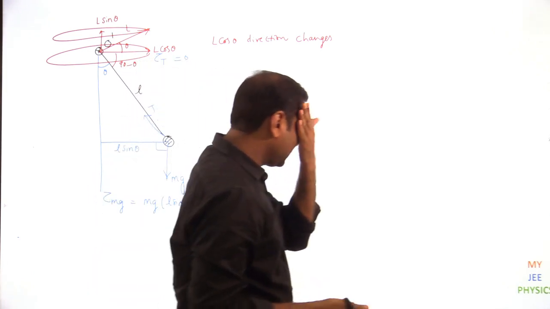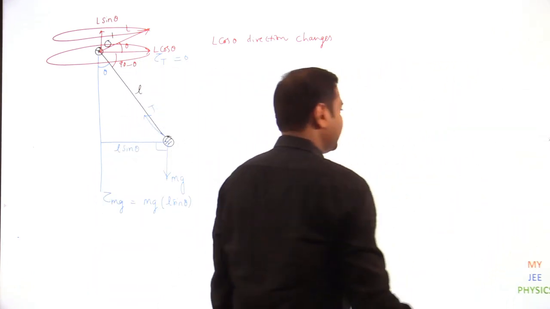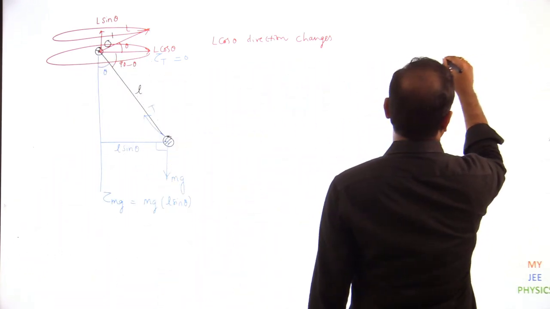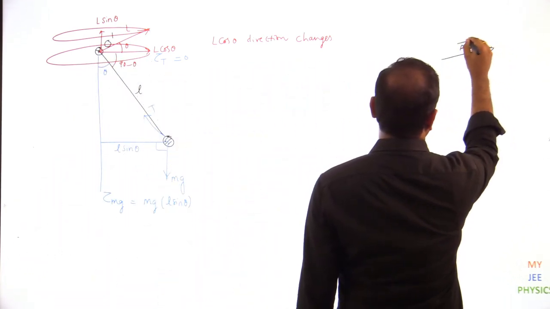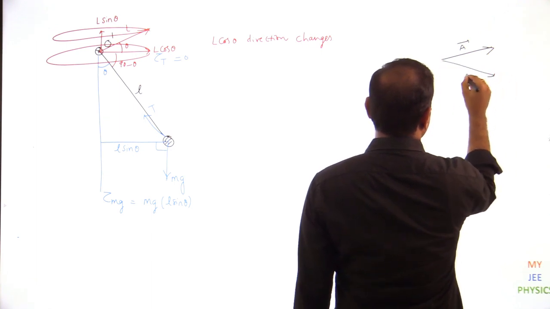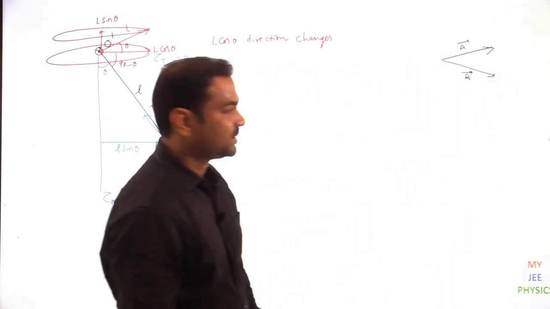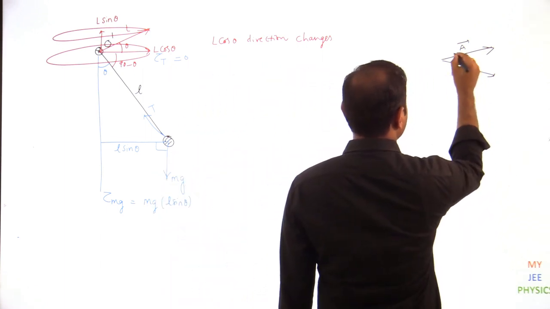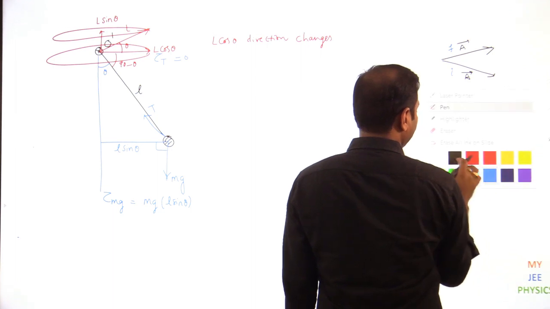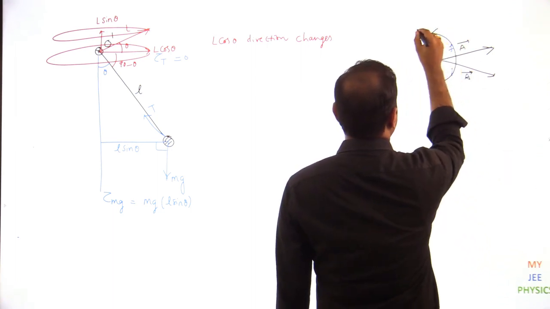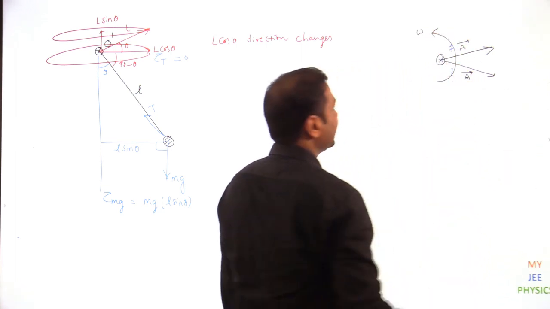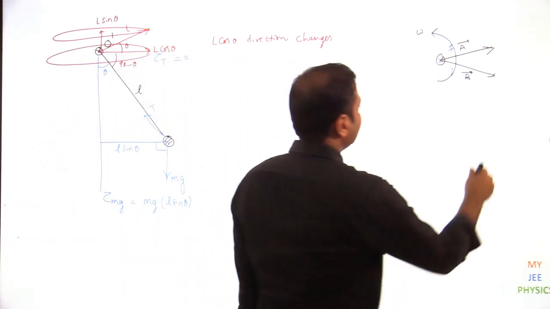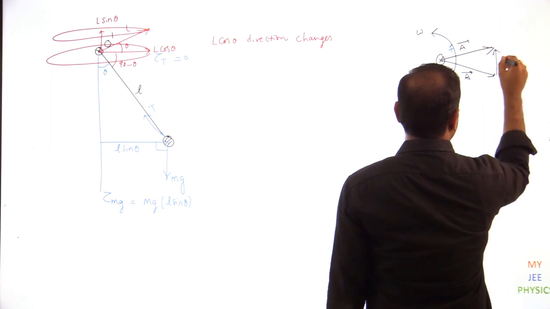So as L cos theta direction changes, how do we find the change in a vector? For that, I am taking a vector A bar, and the same vector is rotating. I am supposing that this is the initial position and this is the final position, and the vector is rotating about this point with angular velocity omega. Then this is the change in vector, dA bar.